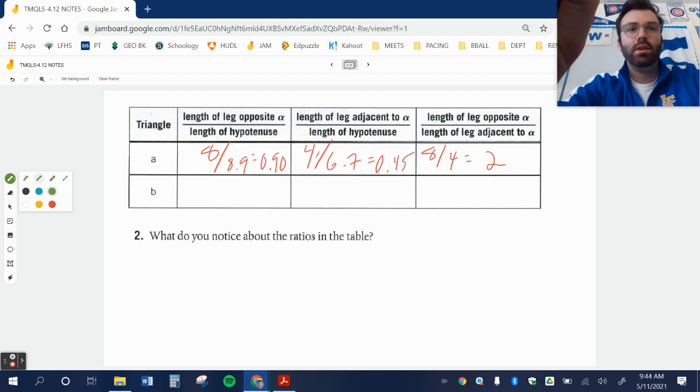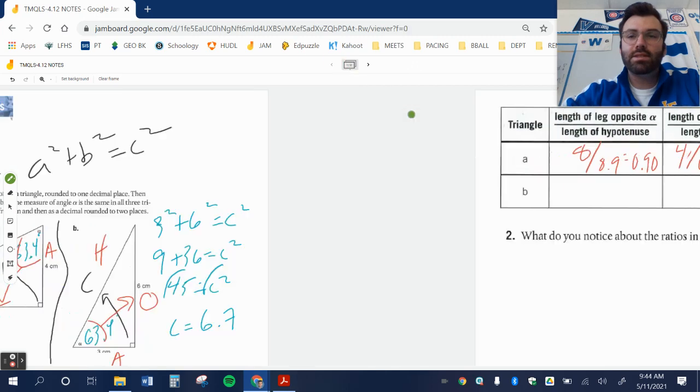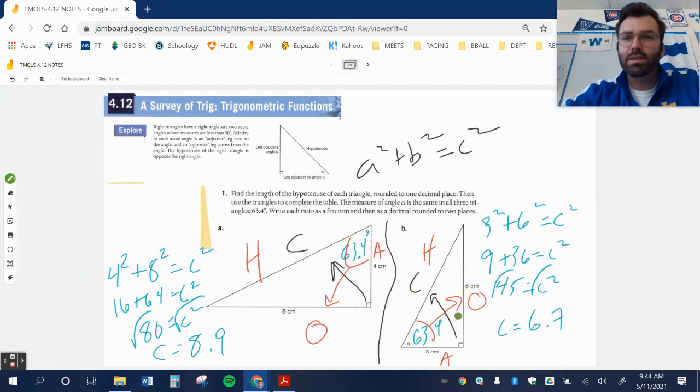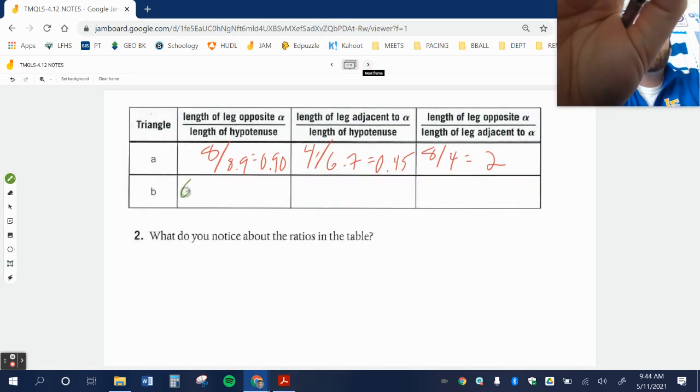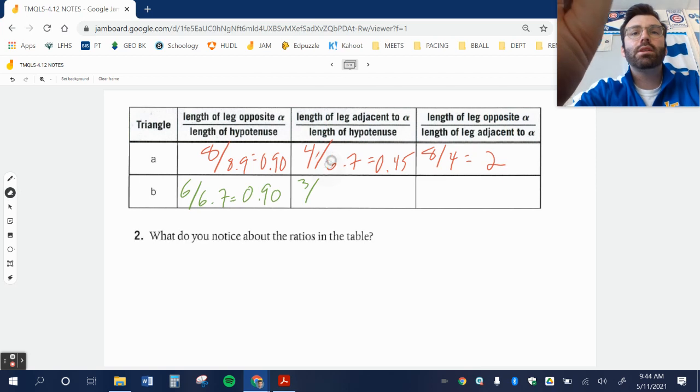Let's keep going. Triangle B. The opposite side in triangle B is 6. Hypotenuse was 6.7. So 6 over 6.7. If I divide that, I get 0.9. The adjacent side is 3 over, see, this should be, holy buckets.